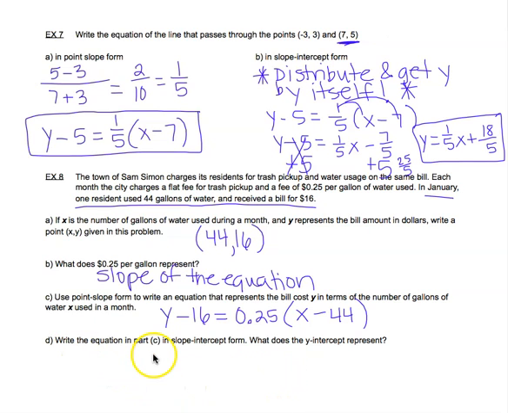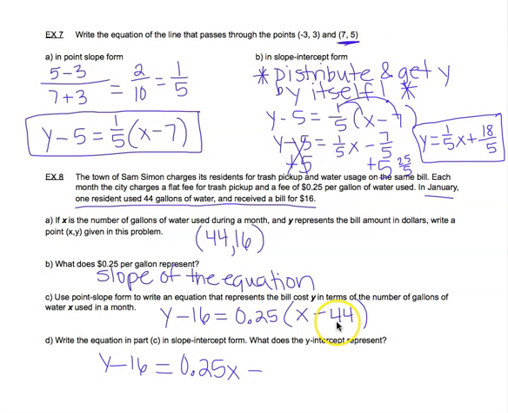All right, D, write the equation in part C in slope-intercept form. So just like I did up here in B, that just means I'm going to distribute and then I'm going to get y by itself. So to distribute, 0.25 times x is 0.25x.